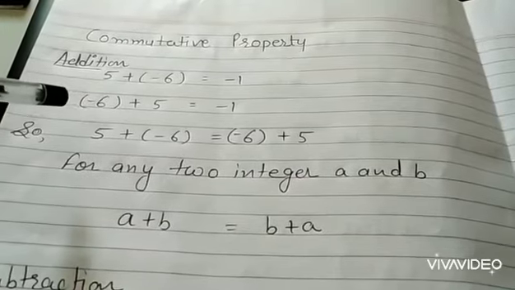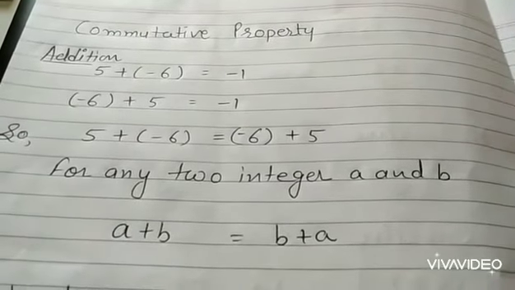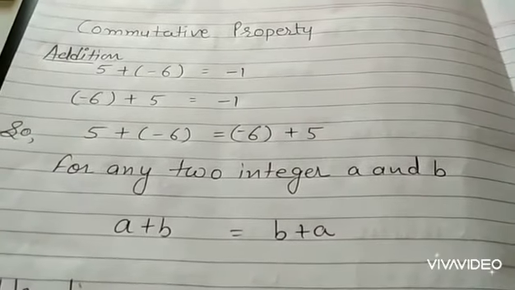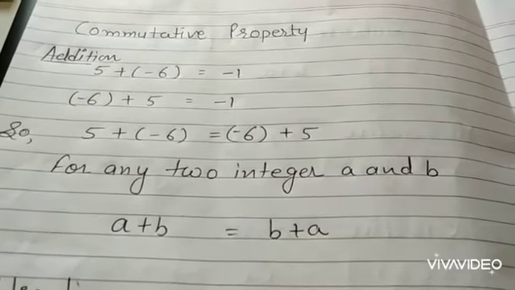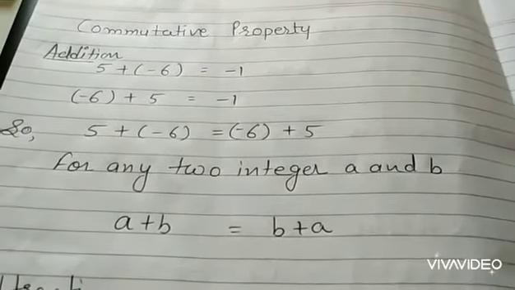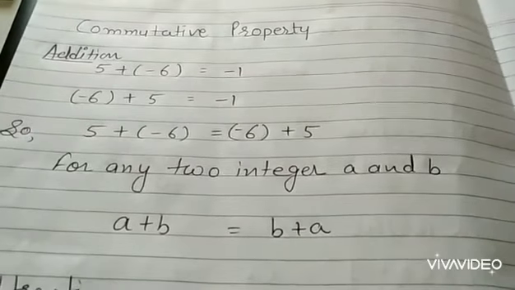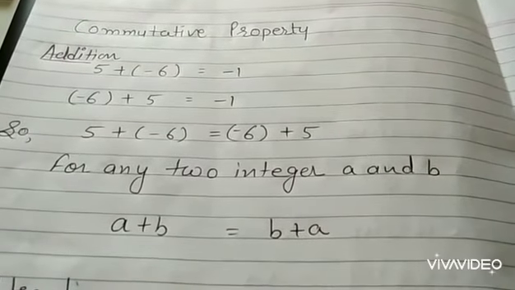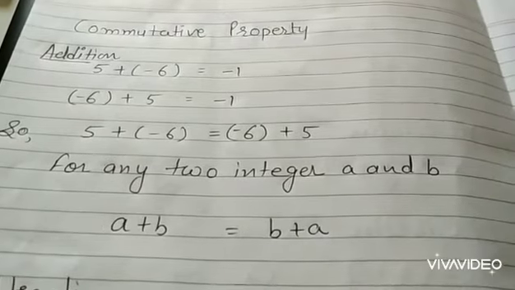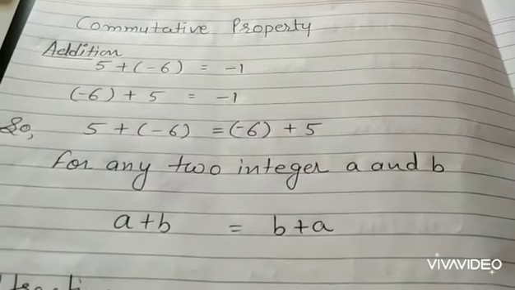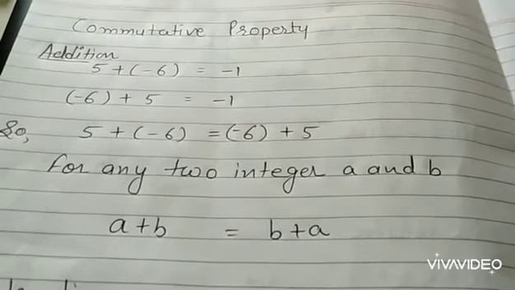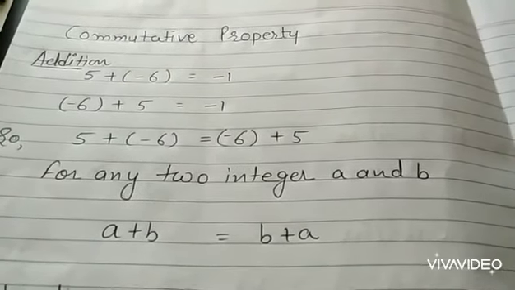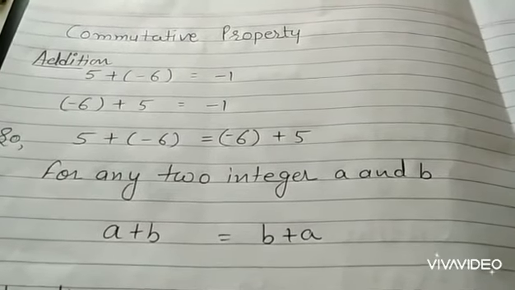So here you can see, if we change the order of 5 plus minus 6 and minus 6 plus 5, we get the same result. So you can say that for any two integers a and b, a plus b is equal to b plus a. So we can say that commutative property holds true for addition in integers.